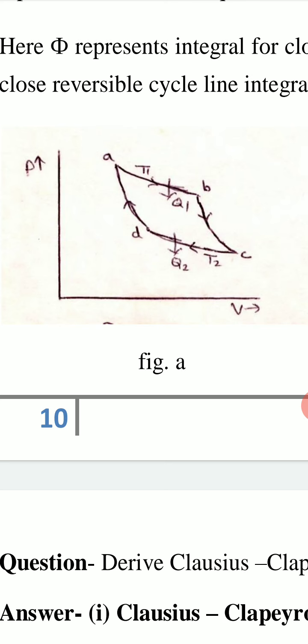So in this reversible Carnot cycle, in the first process, that is AB, isothermal expansion, working substance extracts Q1 heat from heat source at T1 degree Kelvin, and in the third process, that is CD, working substance gives heat Q2 to sink at low temperature T2 degree Kelvin.